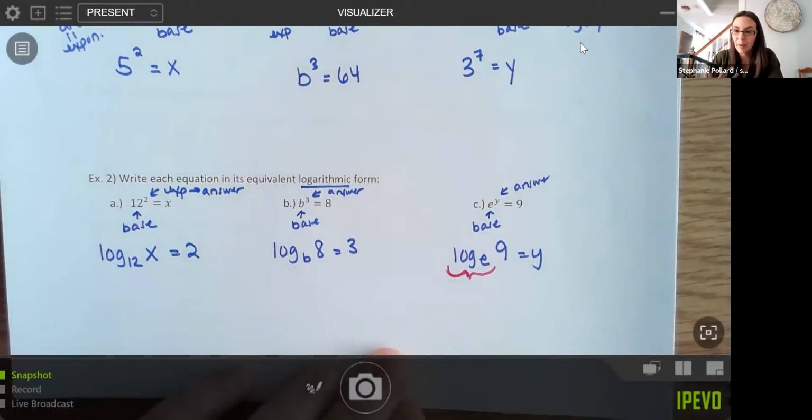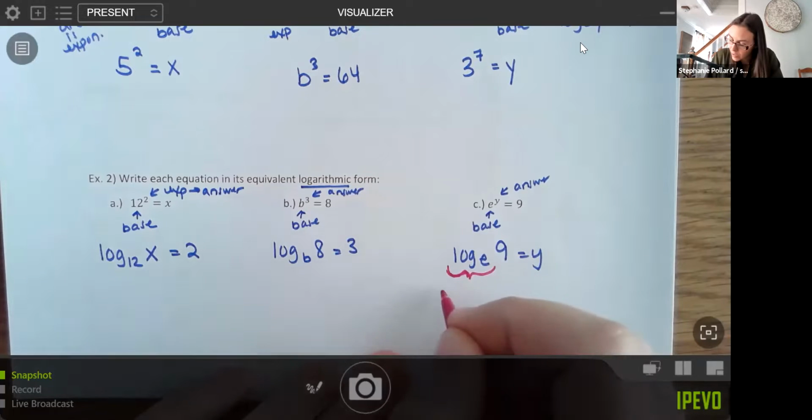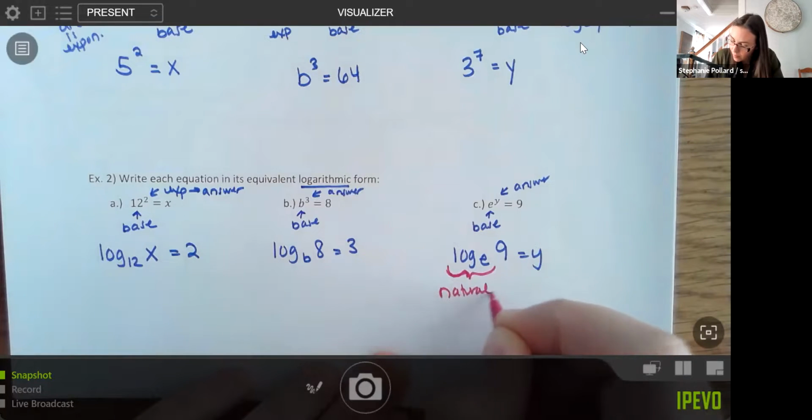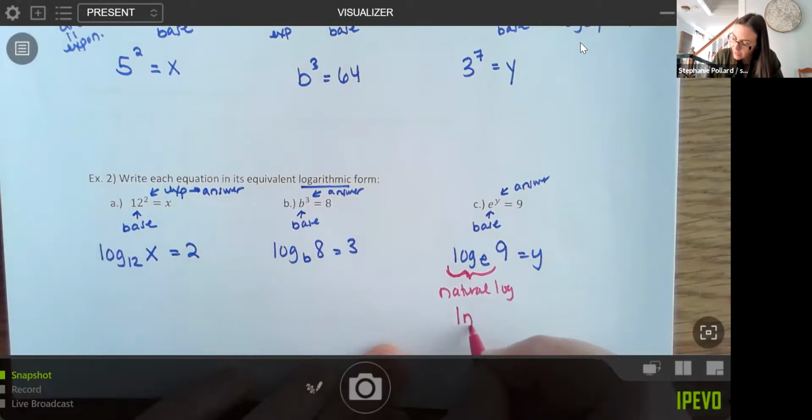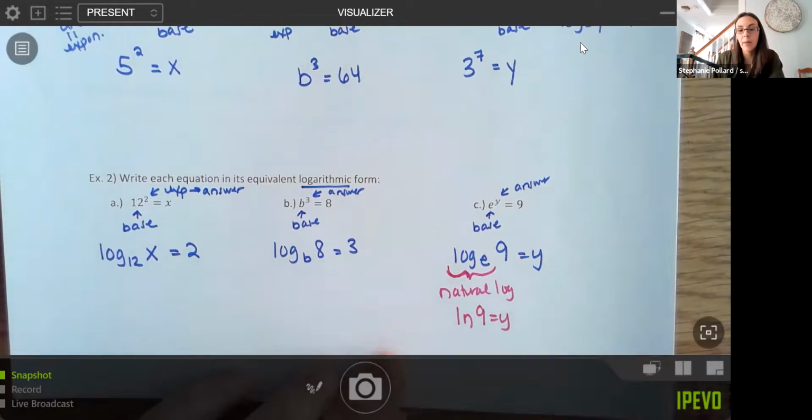That e is really special. It's used in so many applications. So your natural e here. We're actually going to learn in a little bit that this is the natural log. And instead of writing log base e, we just write it as ln to stand for natural log. So another way we're going to learn to write this in a little bit is as ln 9 equals y.